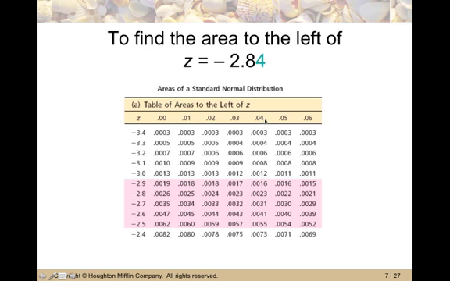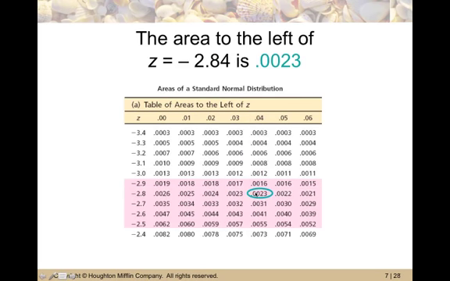So for 4 in the hundredths digit, so 0.04, we're looking at this column right here. So we've got our row, there's our column, and see where the column and the row intersect, the 0.0023, that is the area that we're interested in, the area to the left of negative 2.84.